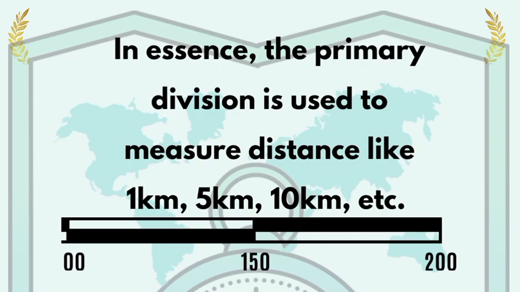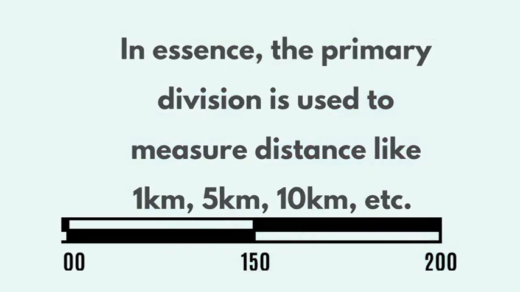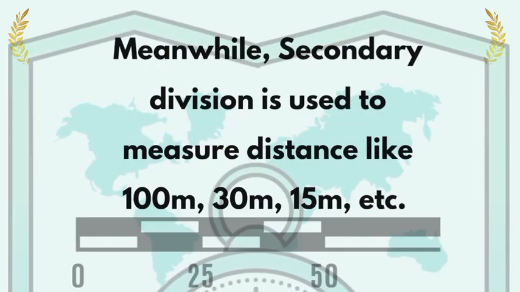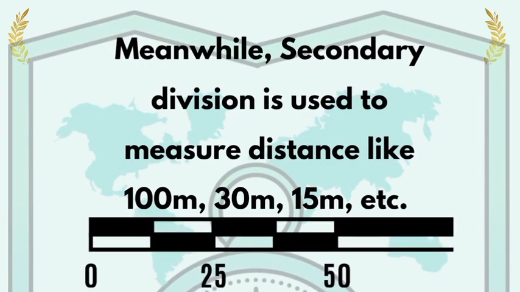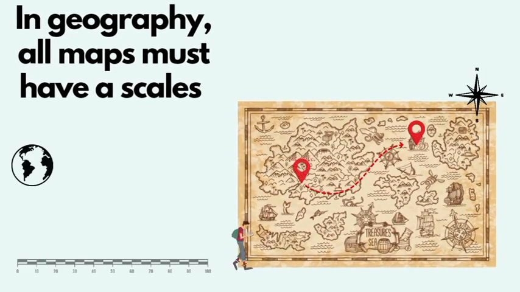By so doing, it makes it easy for conversion of scales. The secondary division is used to measure fractional distances on map, like 100 meters, 30 meters, 50 meters, and a bit of fraction that is remaining on map.